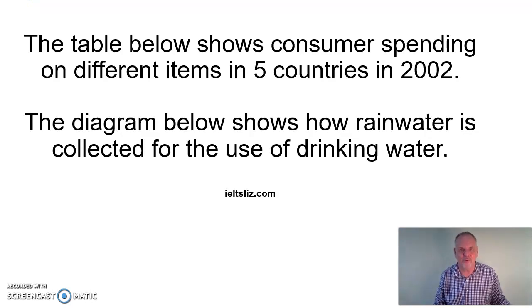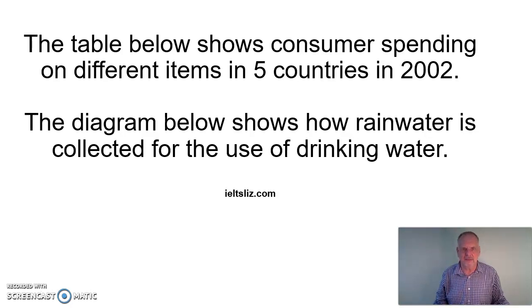So here are some more. Here are two more. Have a look and see if you can find the magic word. Pause the video and figure out the paraphrasing as well. Okay, so there are two sentences. The first one, I think, consumer spending. That's a noun. We could change that to a verb, to spend.